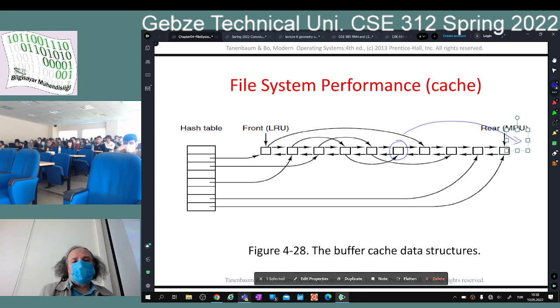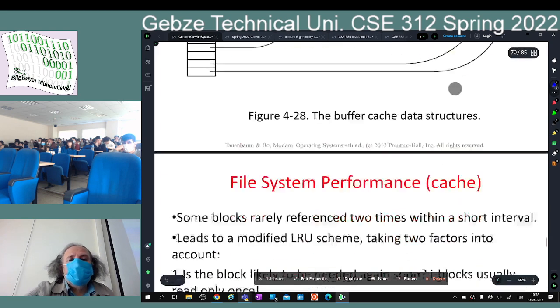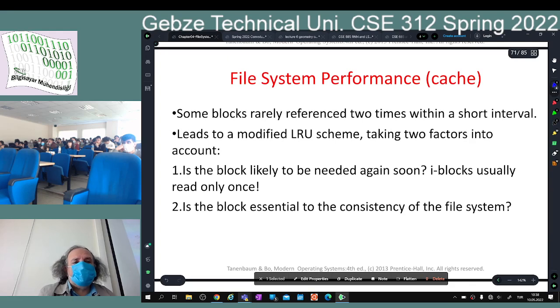So we like this one. LRU works very well in this case, and we can't do much better than LRU. If I could implement the optimal algorithm, that would have been better, but it is not possible to implement. So LRU is the next best thing, but still we have some issues, as we talked about yesterday.